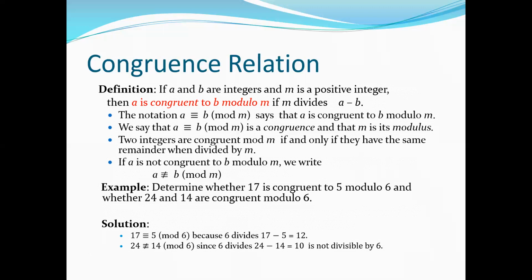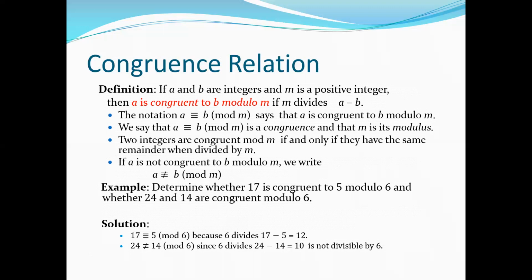Is it an integer? Yes. So 17 is congruent to 5 modulo 6, since when we subtract 5 from 17 and divide by 6, it gives us an integer. So we have a congruence relation. Another problem: are 24 and 14 congruent modulo 6?